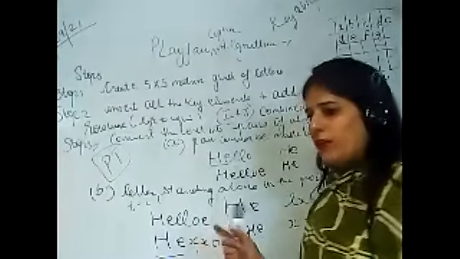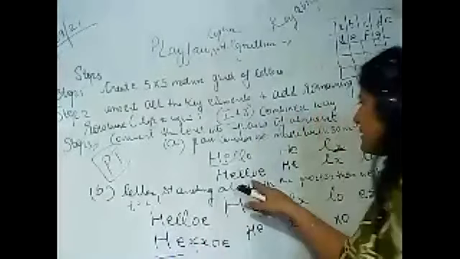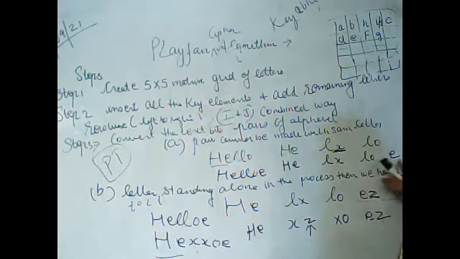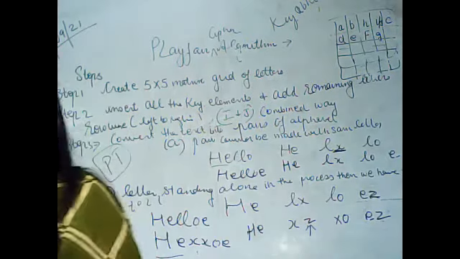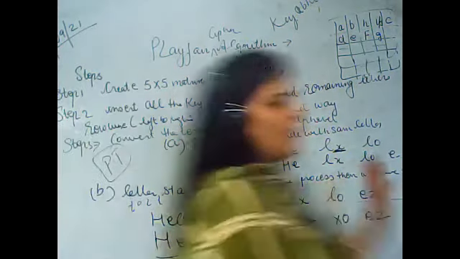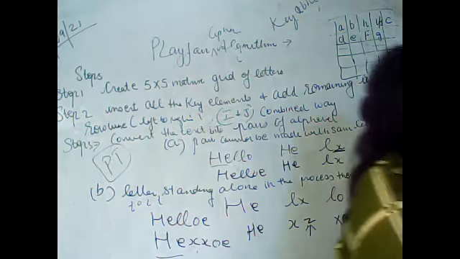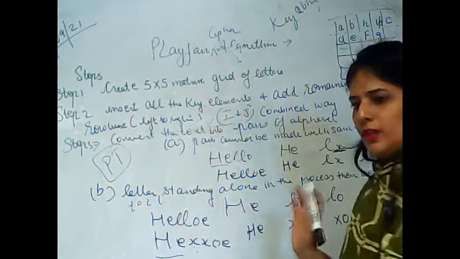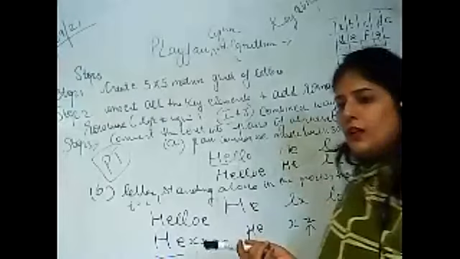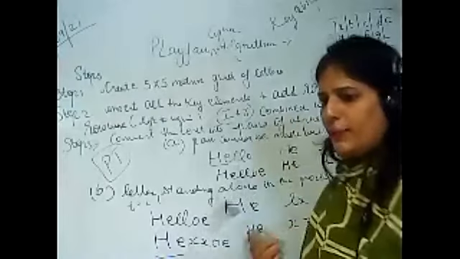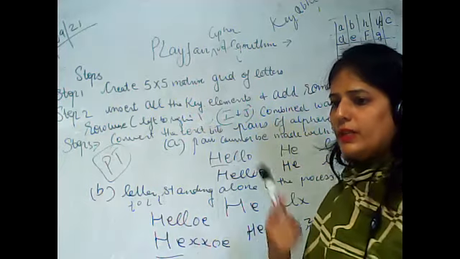HELXLO. But there could also be a situation where you are left with a single alphabet only. Like this, HELXLO and E is there. So we have to add that Z to this E part, because pairing is necessary, so we need to have a pair here. So we will write like this: E, Z. Okay. So if we are having the same alphabets in a pair, we have to replace the second with the X value.